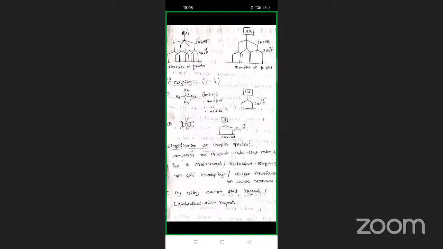Simplification means conversion, converting the non-first order into the first order spectrum. Conversion of the non-first order into the first order is a simplification of complex spectra here.